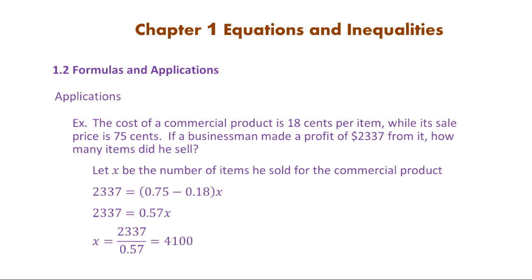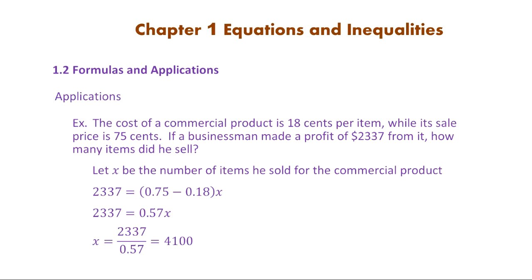And for each product, the profit he made is 75 cents minus 18 cents, the revenue minus the cost. Okay, so that gives us $0.57, so 57 cents. That's the profit for one atom.